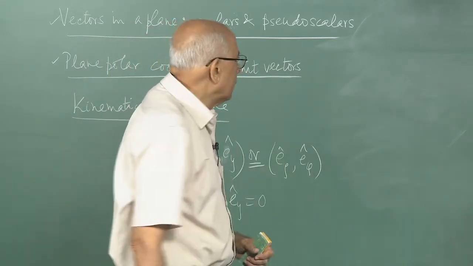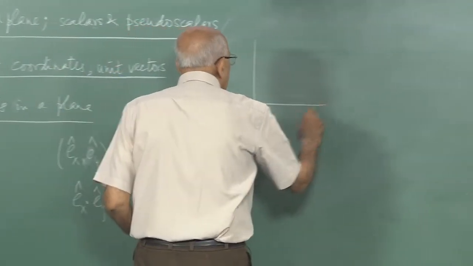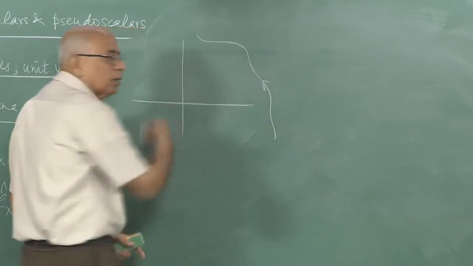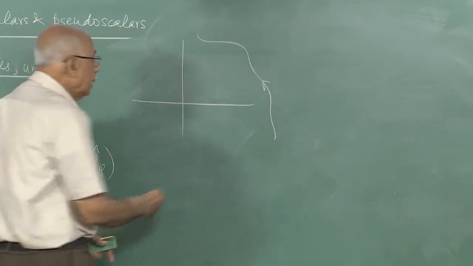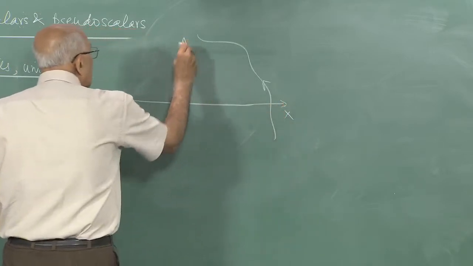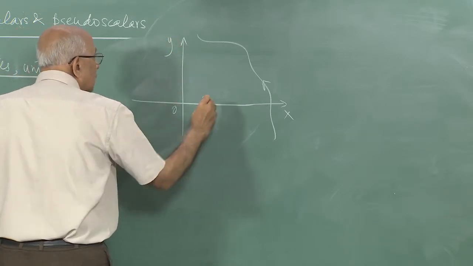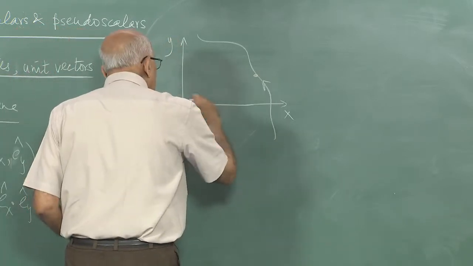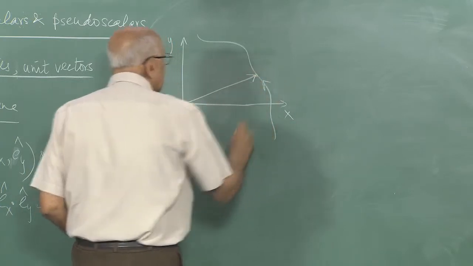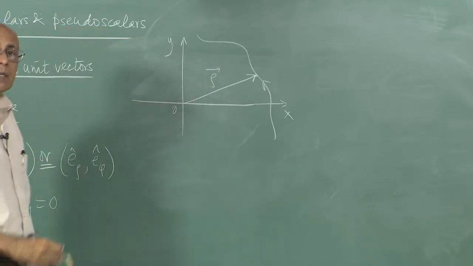Now first of all, if you have a particle moving in the plane in some arbitrary trajectory in this fashion, that is the path of a particle as a function of time, then to understand the motion of this particle you should use the fact that its position vector at any particular point is the radius vector, which we call rho, and that is a function of time.